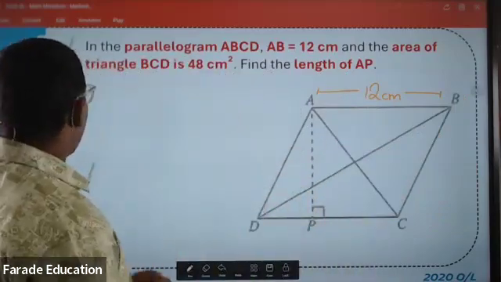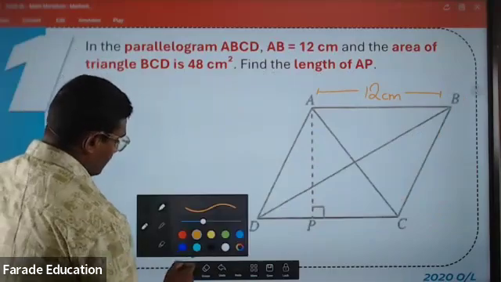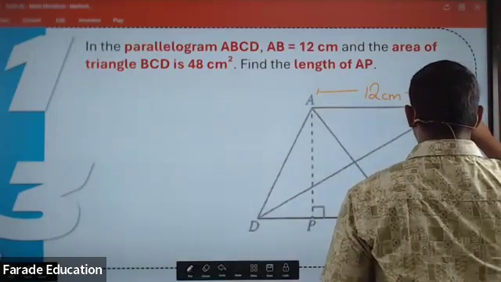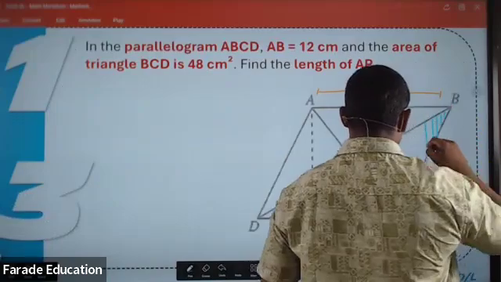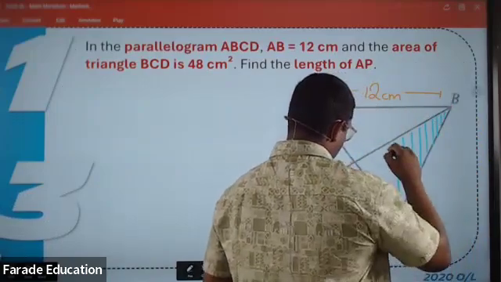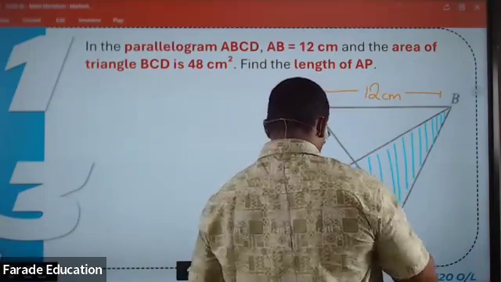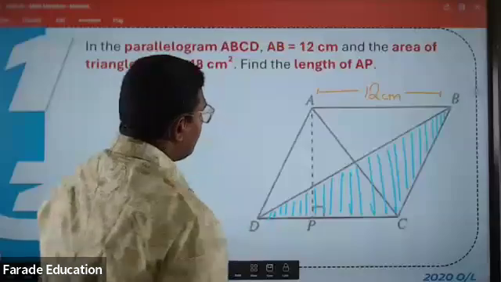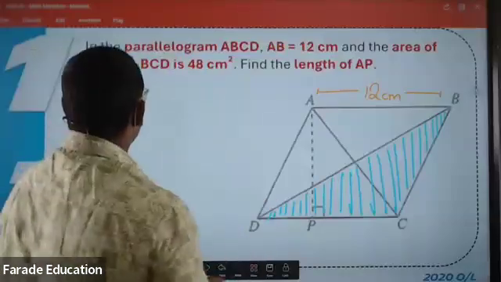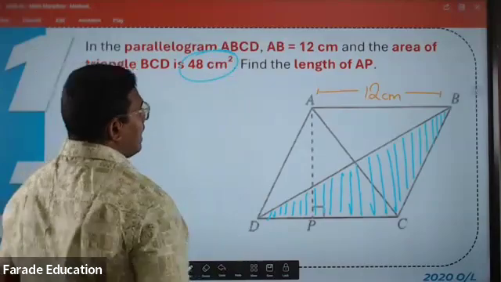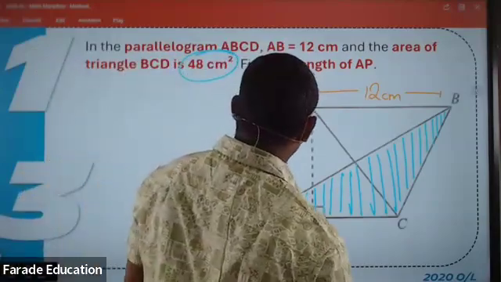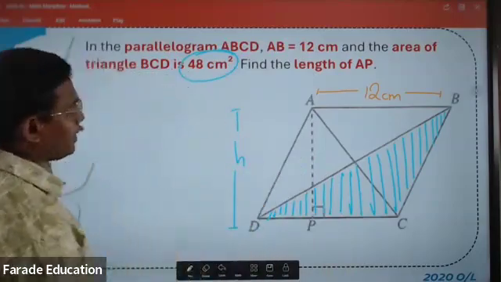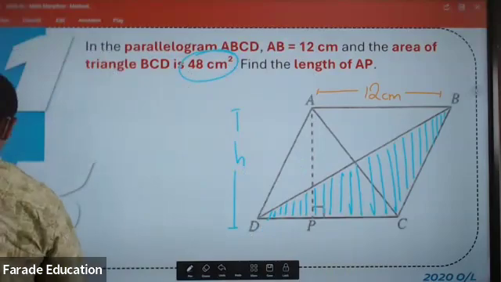And the area of the triangle BCD, BCD is this, that shaded region is 48. I need to find the length of AP. AP is the perpendicular height. Okay, so we'll start our session.